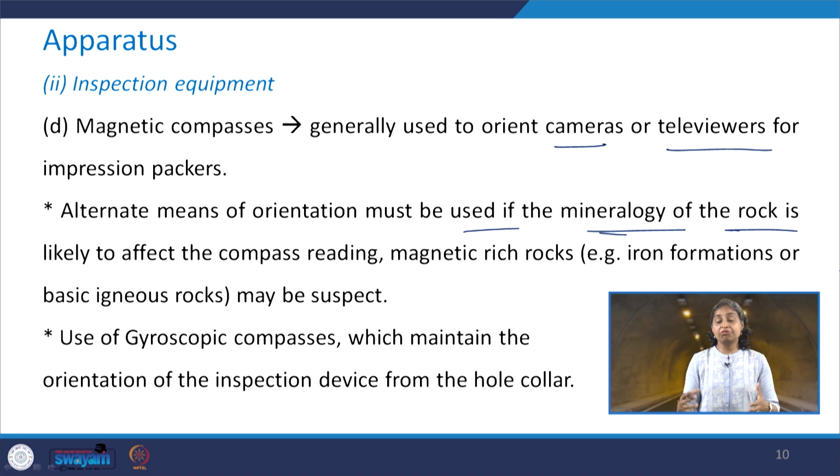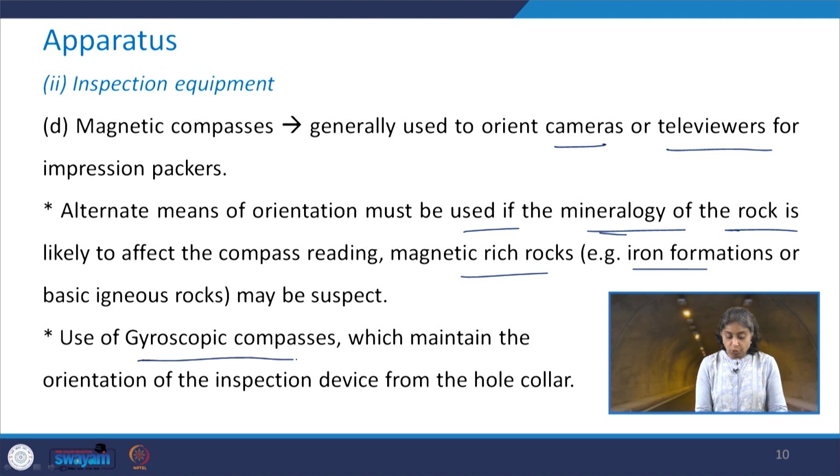For example, if magnetic rich rocks are suspected, then the presence of such rocks may influence the compass reading. So, we need to have an alternate means of orientation. Such magnetic rich rocks may include iron formations or basic igneous rocks. So, gyroscopic compasses can be used, which maintain the orientation of the inspection device from the hole collar.